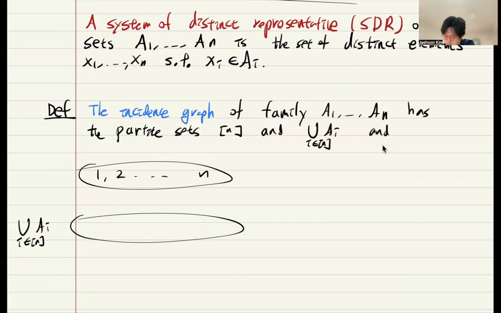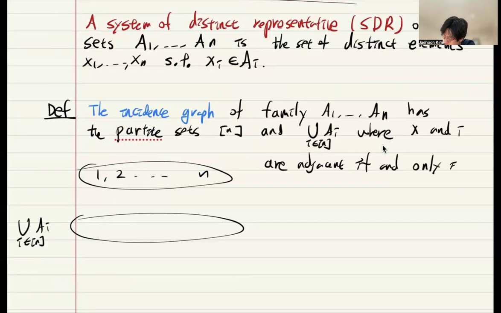And we make x and i adjacent if and only if x is in Ai. This gives you a graph which has this bipartite structure. So this gives a bipartite graph.